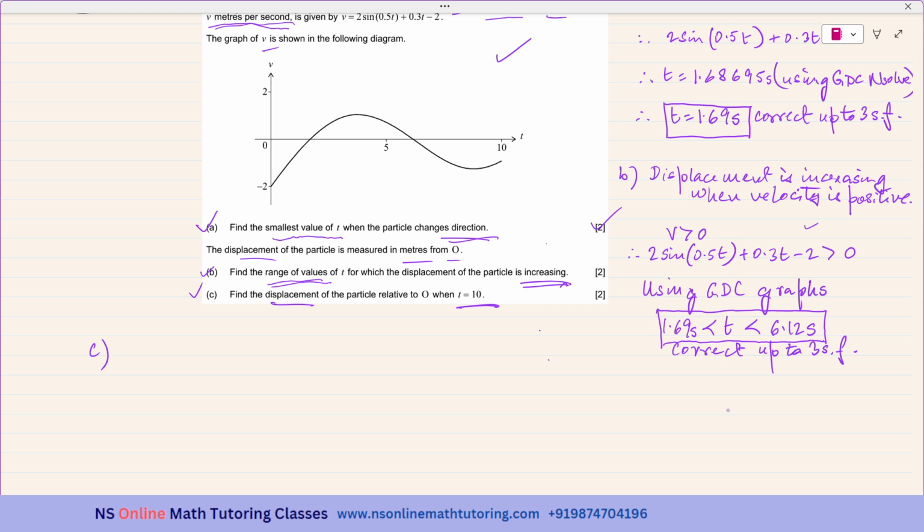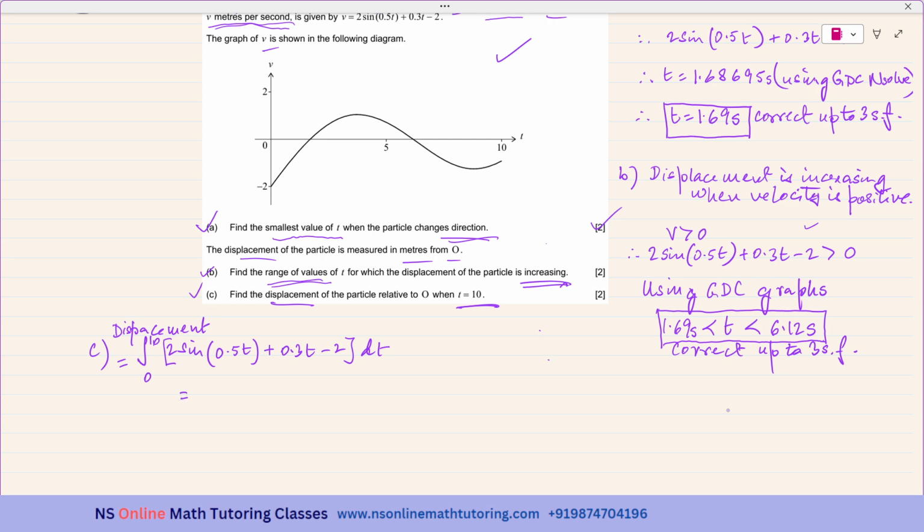So displacement is equal to the integral from 0 to 10 of 2 sine 0.5t plus 0.3t minus 2 dt. It is also containing 2 marks.